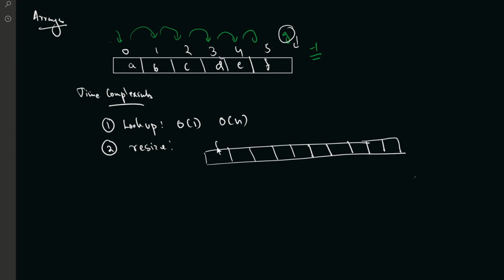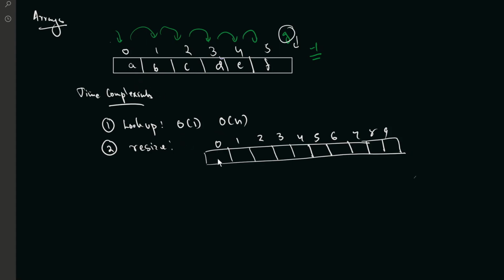So 0, 1, 2, 3, 4, 5, 6, 7, 8, 9. So this is your new array. Well, now you have to copy the elements of the older one into the new one into their respective memory addresses. Let's say inside 0, A is there.